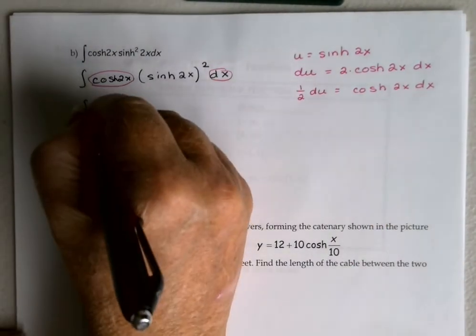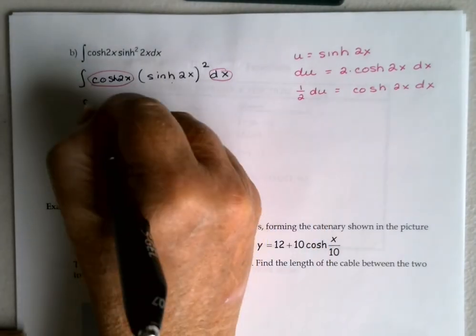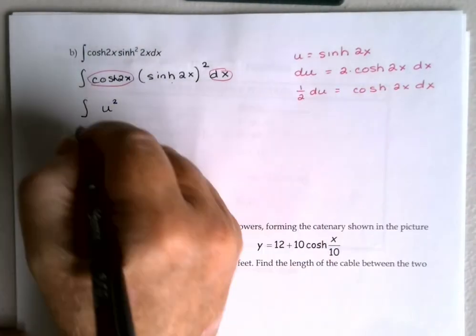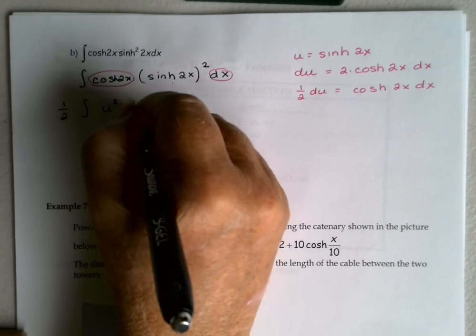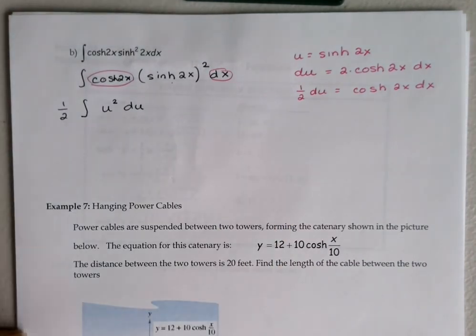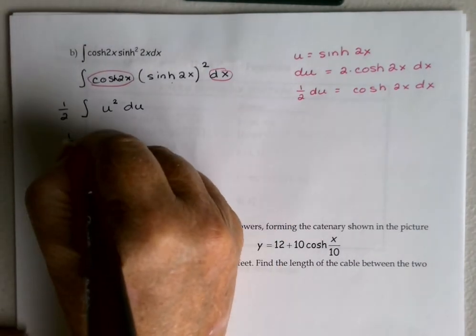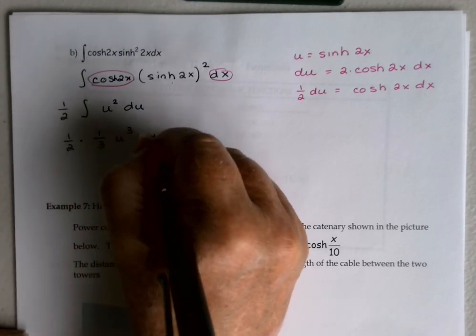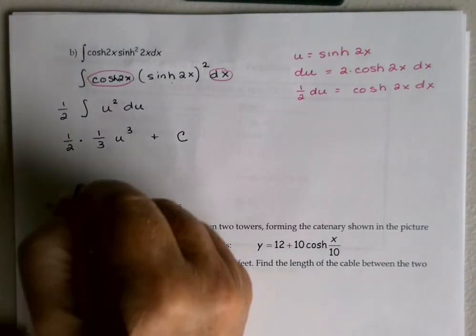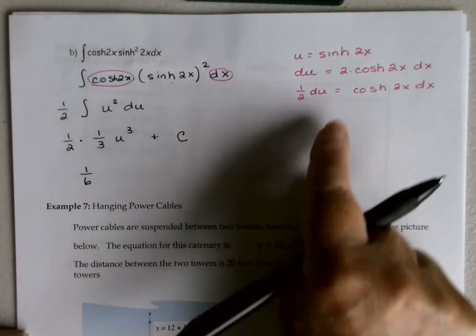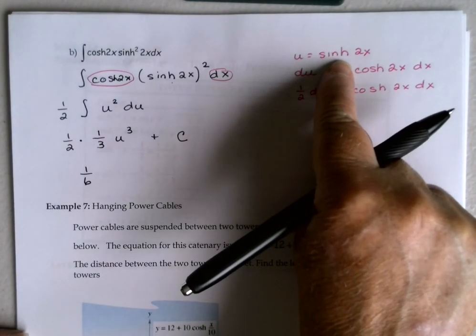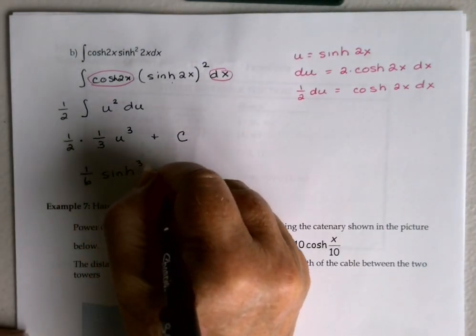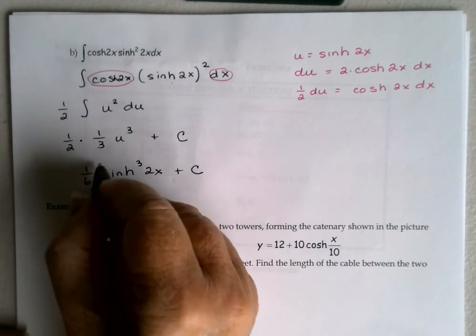So I can rewrite my integral as u squared, and the cosh 2x dx I'm replacing with the 1/2 du. Integral of u squared would be 1/3 u cubed. And so I actually end up with 1/6, and then the cube of the hyperbolic sine function, plus c.